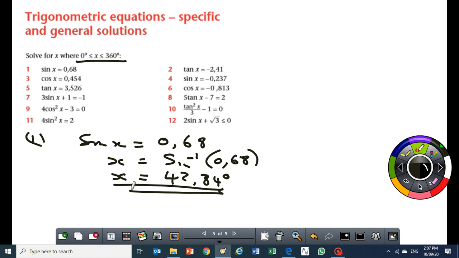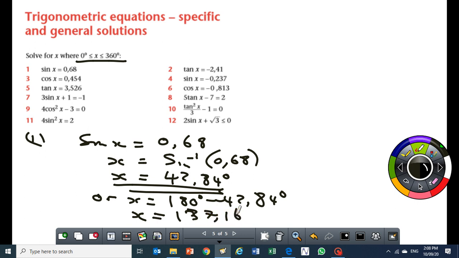So the second x will be equal to 180 degrees minus 42.84 degrees, and this gives you x equal to 137.16 degrees. So we have 2 answers: x equal to 42.84 degrees and x equal to 137.16.